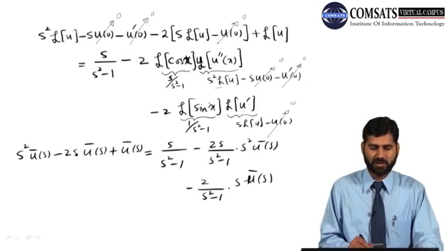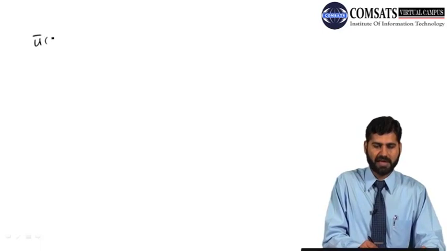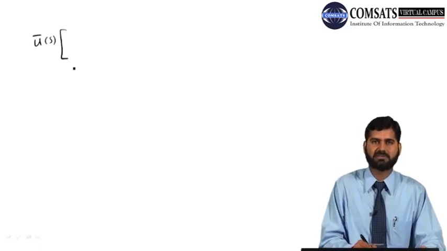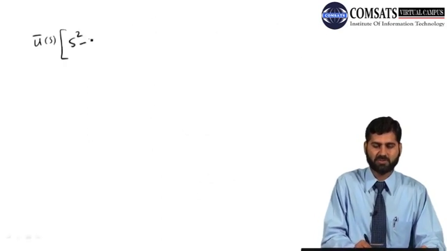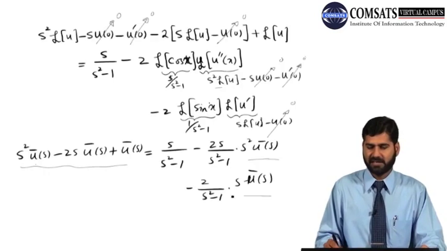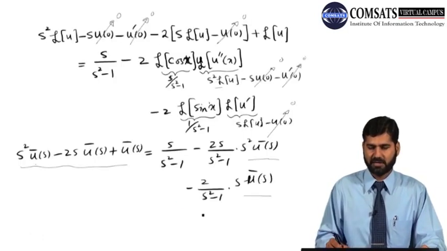All right. So now if you combine all these u bar terms, you will get u bar of s times s square minus 2s plus 1, and then these two are coming from here, plus 2s cube over s square minus 1, and here plus 1.